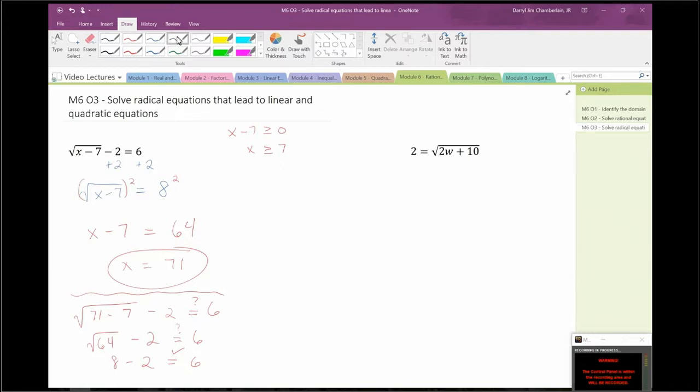All right, so let's try that again. The square root is by itself, so we'll start by squaring both sides. Move that 10 over. And we'll divide by 2. So again, because it's normally easier to just plug this in rather than solving underneath the square root, we'll just plug this in. Is 2 equal to the square root of 2 times negative 3 plus 10?